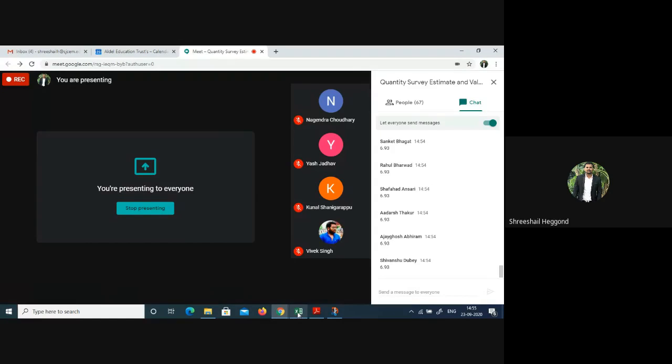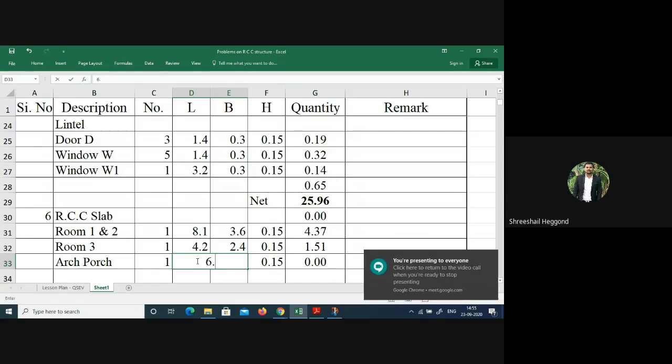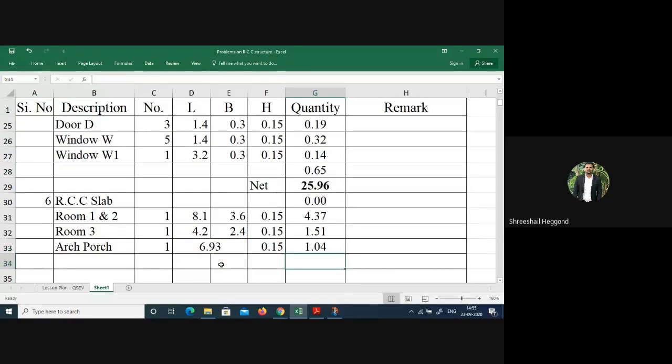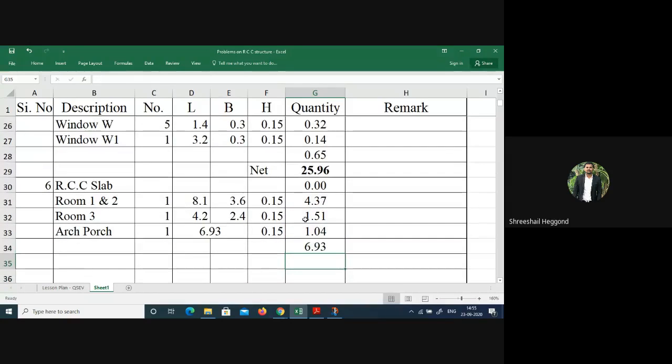Volume can be given as 1.04. Therefore, total quantity of RCC slab is 6.93.